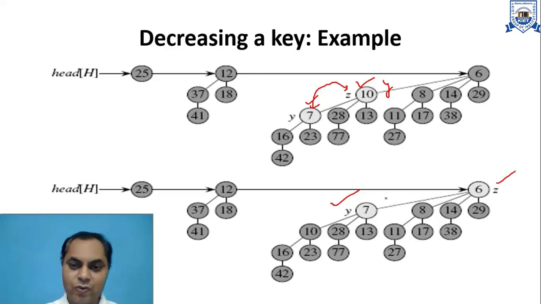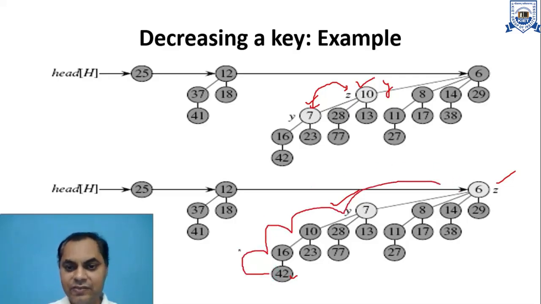So what can be the worst case? The value may be changed at the leaf node here, and it moves to the root node. And as you already know, the height of a binomial tree is log n.